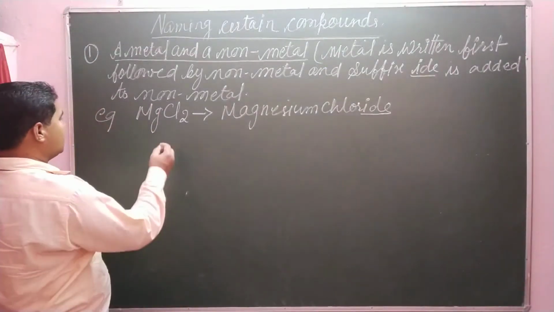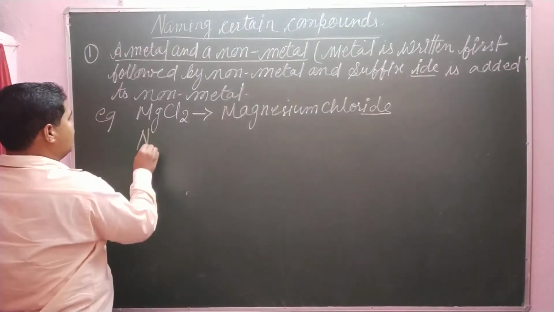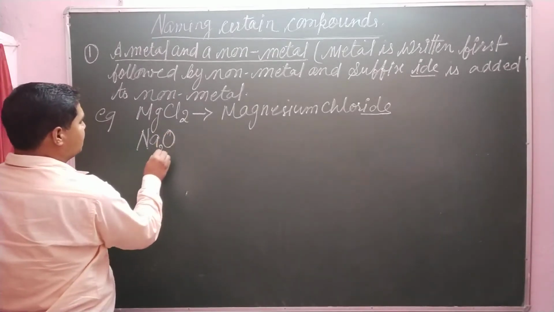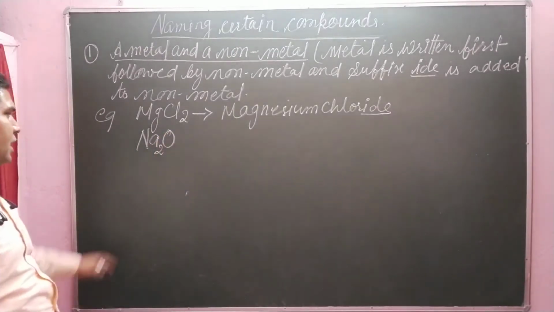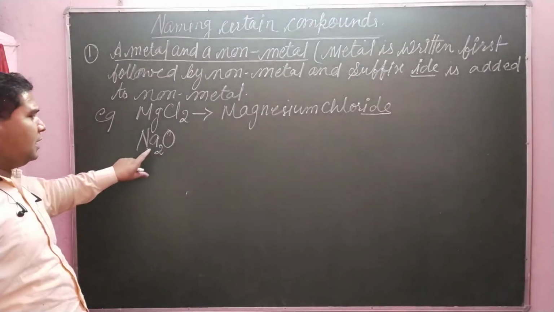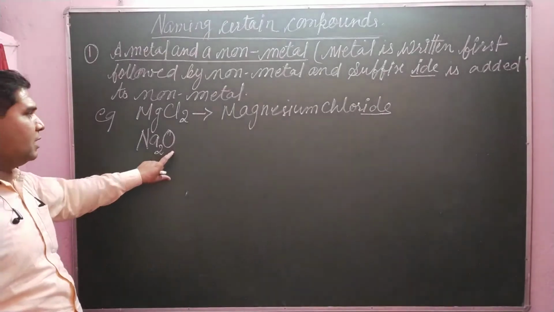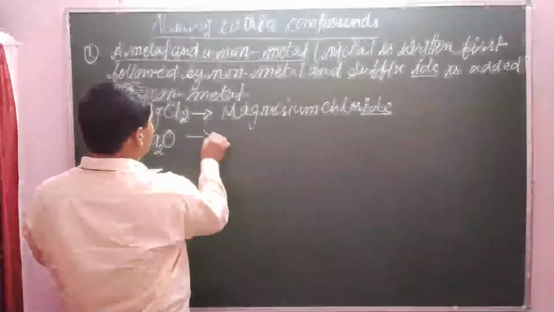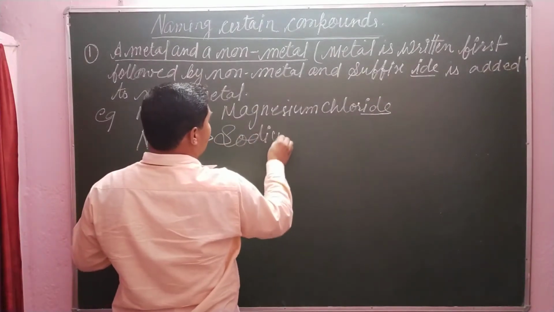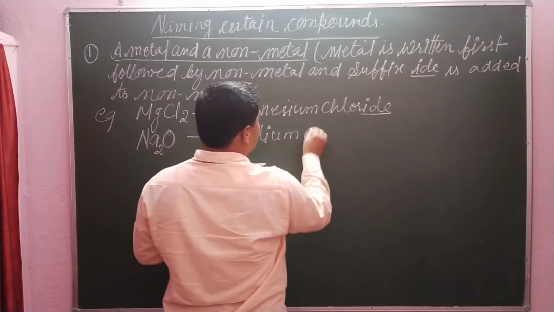Let us see one more example. Na2O. You see, dear student, the first element is a metal and the second is a non-metal. So the name of this compound will be sodium oxide.